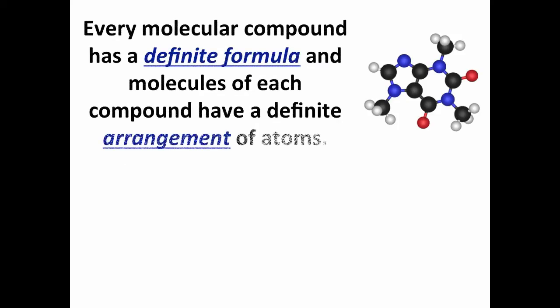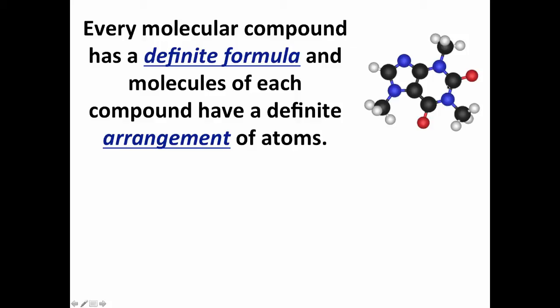It's important to note that not only does every molecular compound have a definite formula, like caffeine has the formula C8H10N4O2, but also molecules of a given compound have a very definite arrangement of atoms.